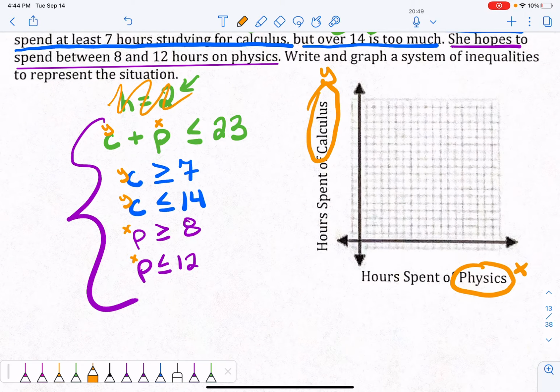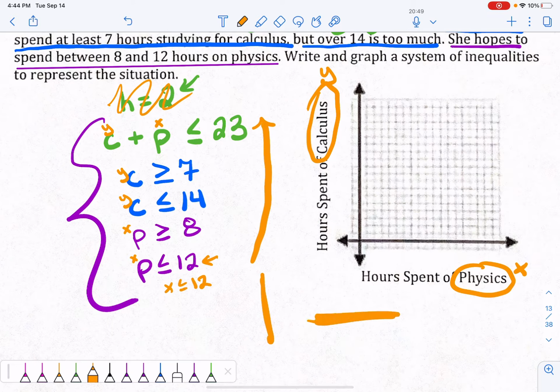Again, if I'm going too fast, please pause. I'm going to start from the bottom inequality and work up to the top. So let's start with this one first. This is like saying x is less than or equal to 12. Whenever you have just one variable, you're only ever going to have a straight up and down line or a straight horizontal line.